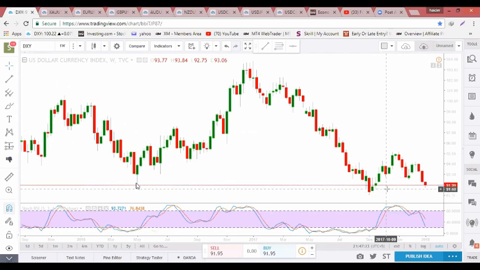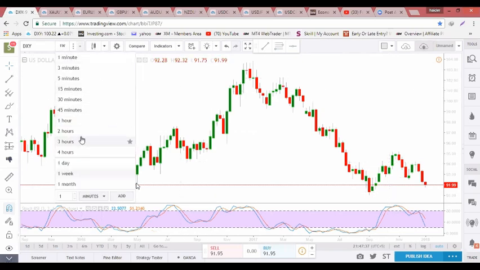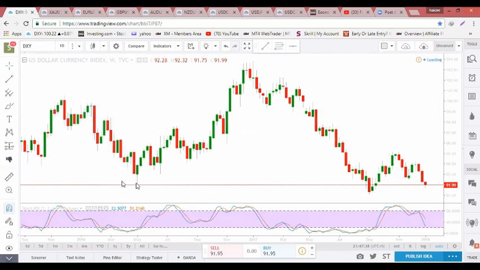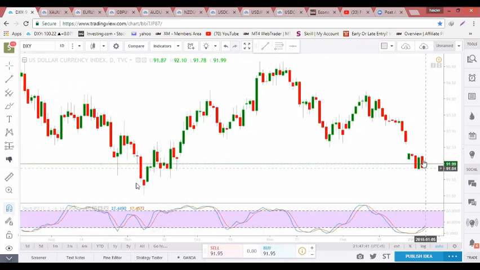Yes, it's most probably going to happen, but we should also look at this weekly support. So maybe it can touch 91.30 first and then start going up. But today, the market did quite well if we look at the US dollar. So this is a very good sign of reversal.